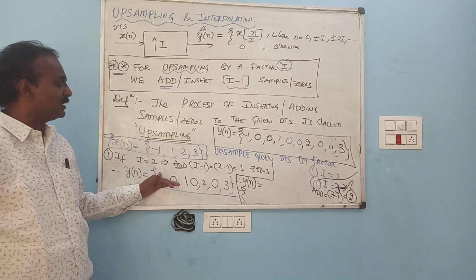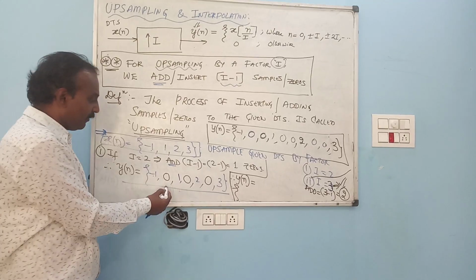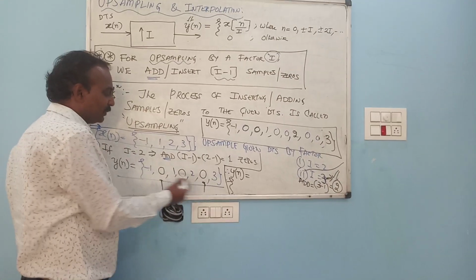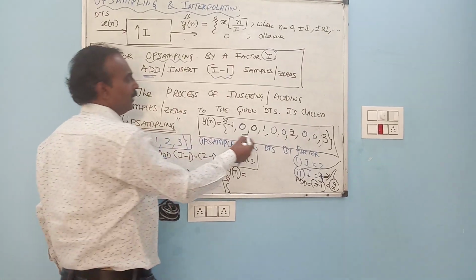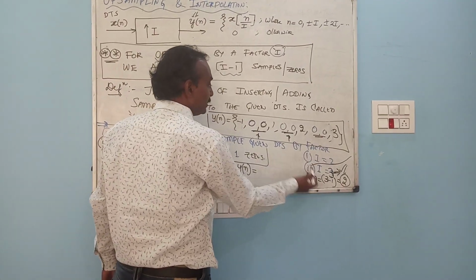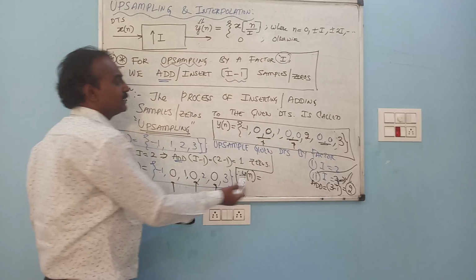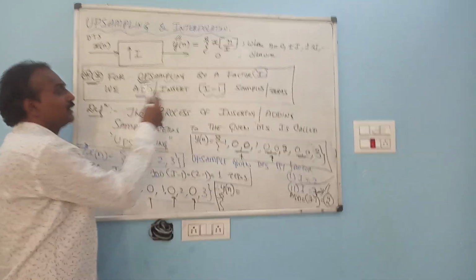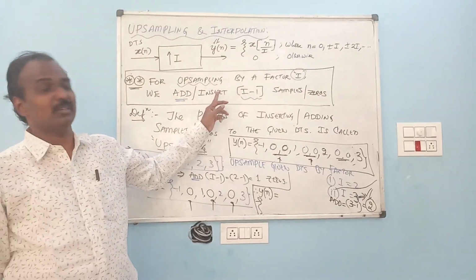Okay. So the process of inserting zeros: in the first case I am inserting 1 zero in between the samples, and here I am inserting 2 zeros in between the samples, because the number of zeros depends on the rule I minus 1 zeros.